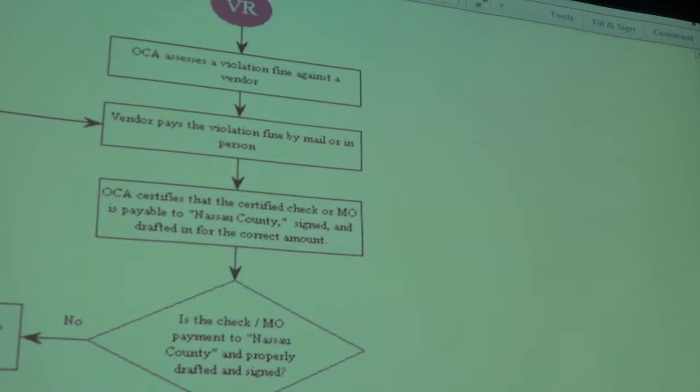And so again, you can generate performance indicators for the revenue side based on when it receives the payment for the fees, either from the vendor that had the violation filed against him or her or the organization. And so there's a process for that. And again, process mapping shows the process for each function.